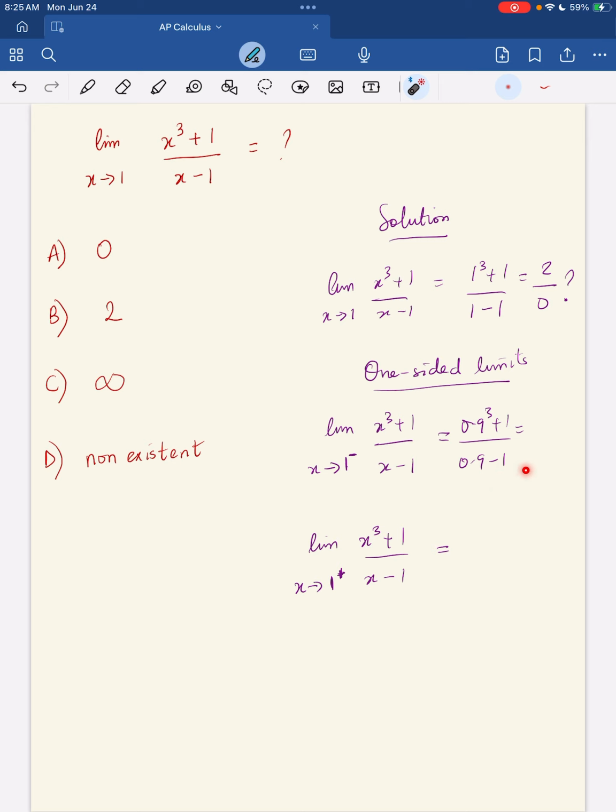So the answer here will always be negative. All the answers here will be negative going up onto negative infinity. Negative infinity is a large value, but it's negative.